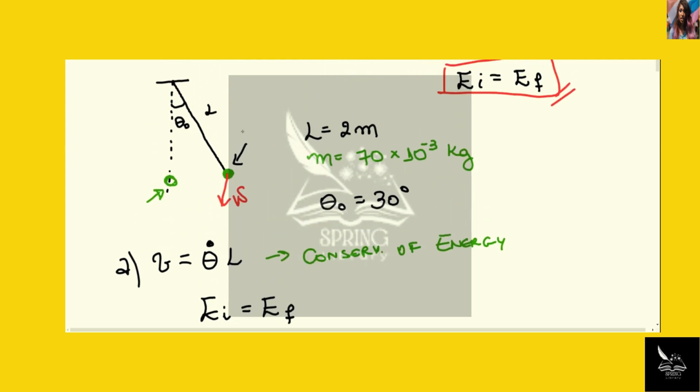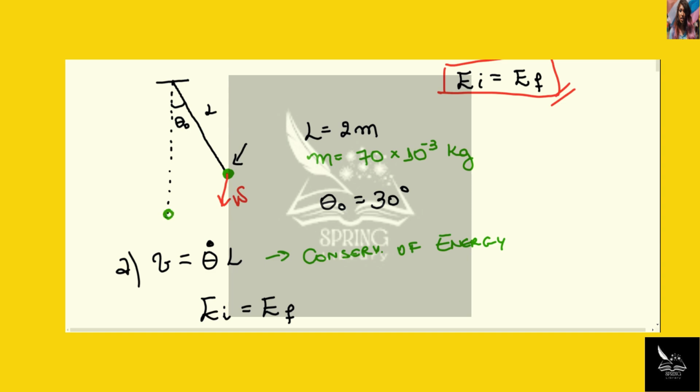So let's look at the initial state, when the ball is making a 30-degree angle with the vertical axis.